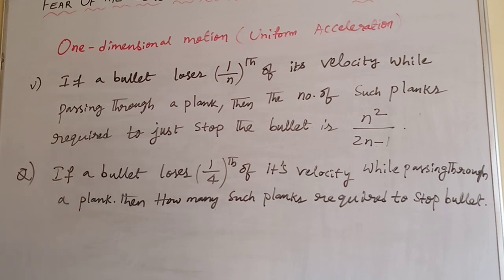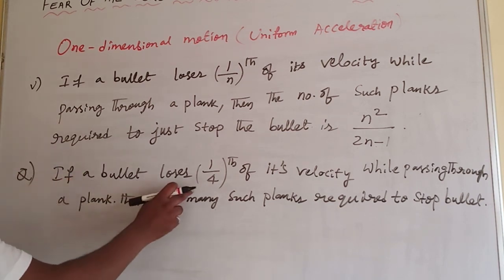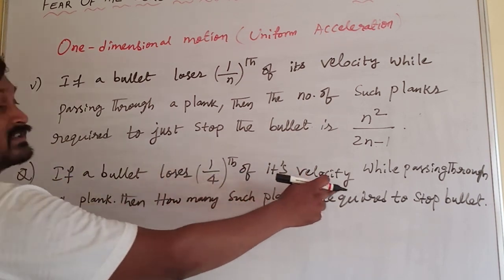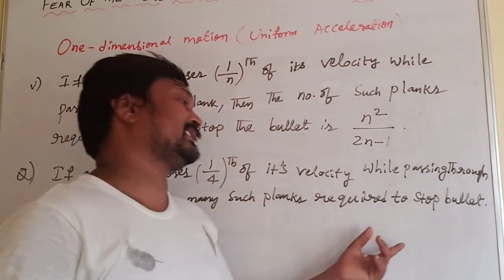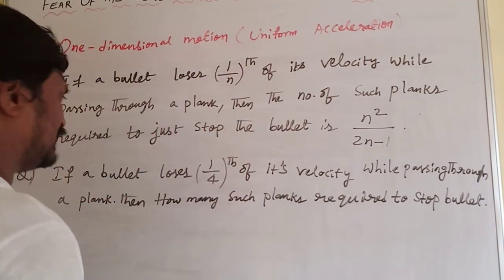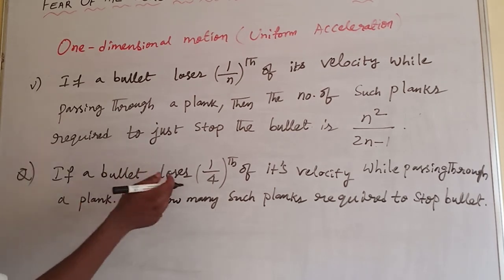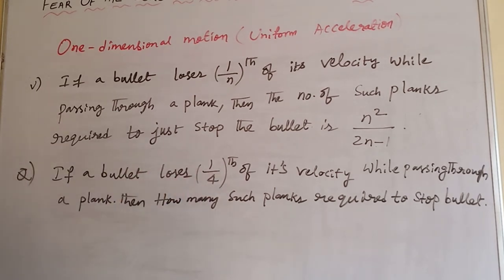Such a problem is given here. If a bullet loses 1/4 of its velocity while passing through a plank, then how many such planks are required to stop the bullet? And it is again very simple. Here they have given 1 upon 4, so what is your n? Your solution is n is equal to 4.